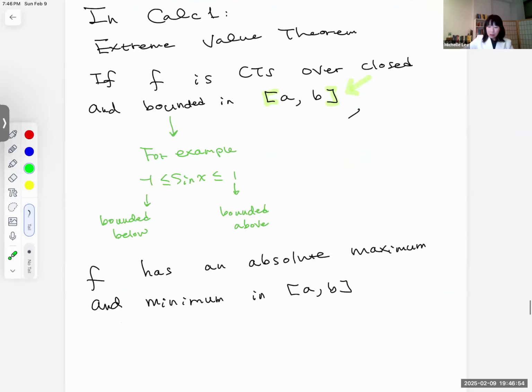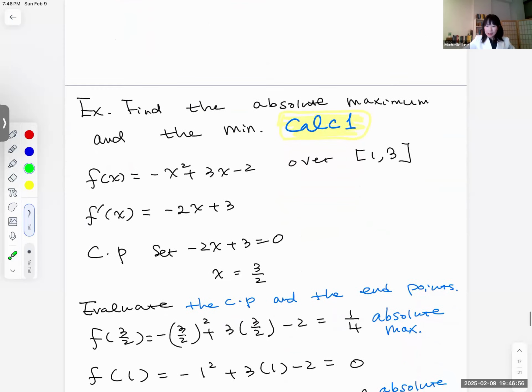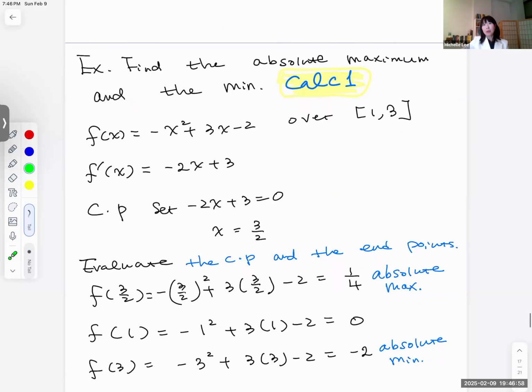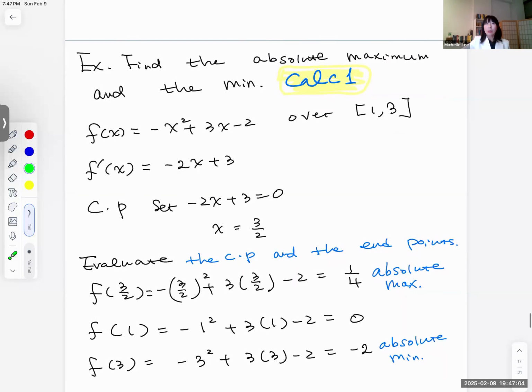Okay. Now, this is one example from calculus 1 of how you find absolute maximum and absolute minimum, right? So once again, the function is continuous in the closed and bounded interval, right?